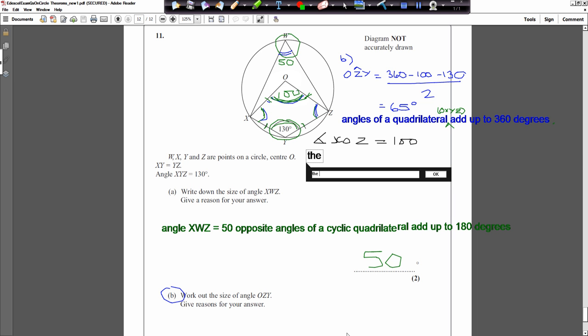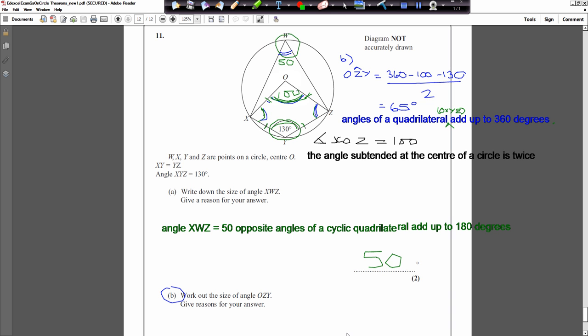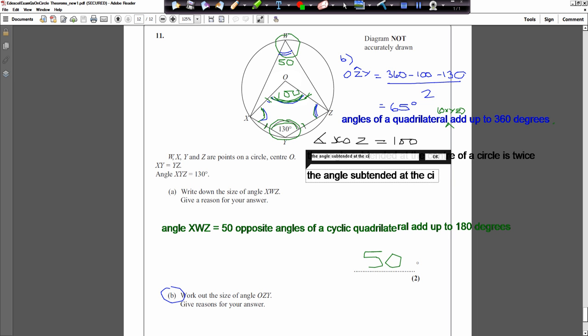The angle subtended at the center of a circle is twice the angle subtended at the circumference. Okay, that's why that is 100.